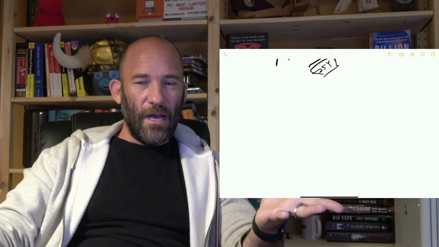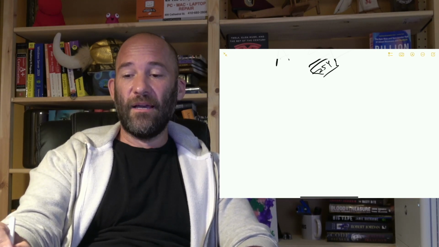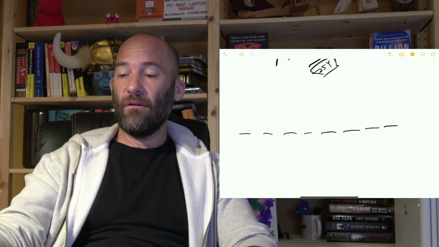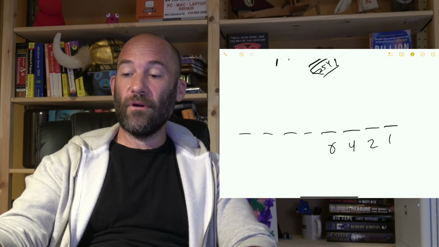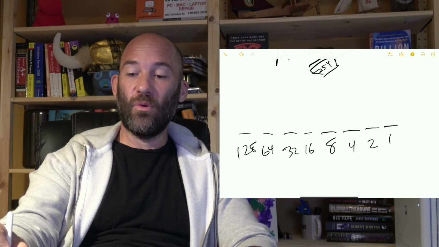So now you're looking at those octet numbers and you're probably getting a little confused, right? Because when we have the octet, so 1, 2, 3, 4, 5, 6, 7, 8, and this is 1, 2, 4, 8, 16, 32, 64, 128.